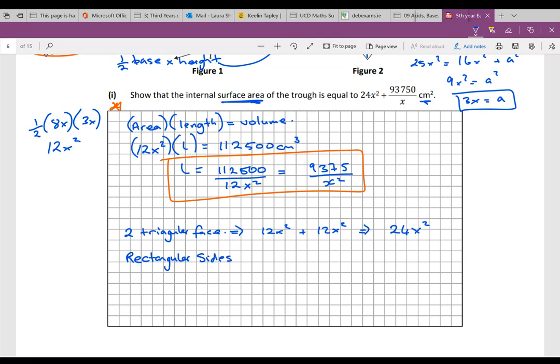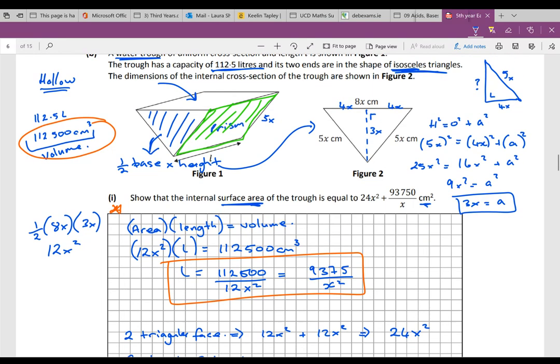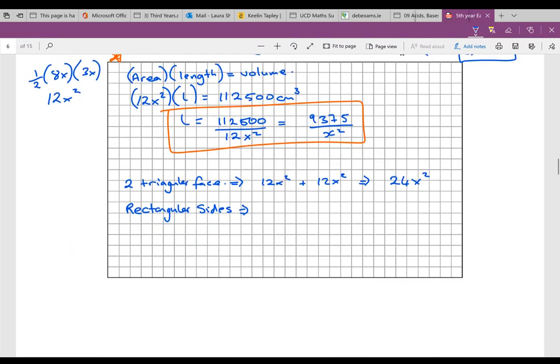I know that looks like a parallelogram there, but remember, you're looking at an angle. If you were to look at it from the side, it is a rectangle. So 5x by L, and you have times 2, so you get 2 of them. So 10xL.